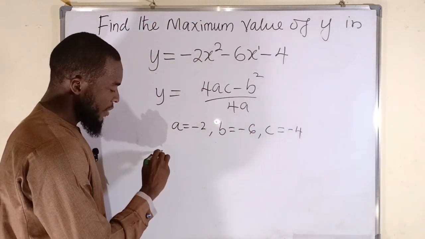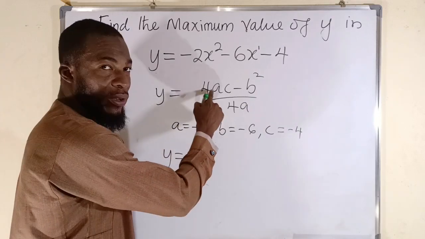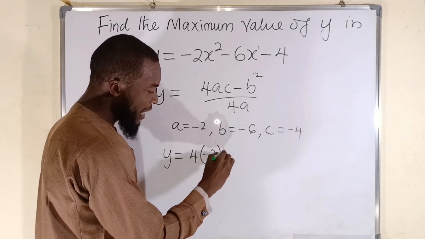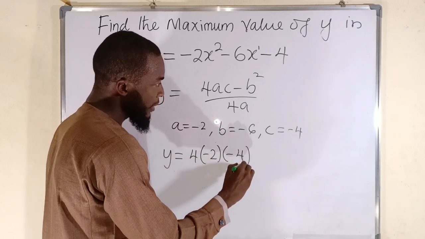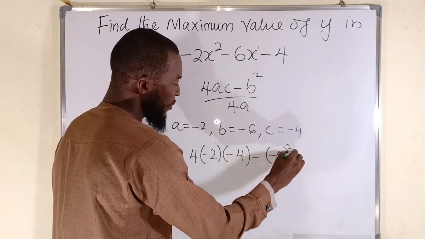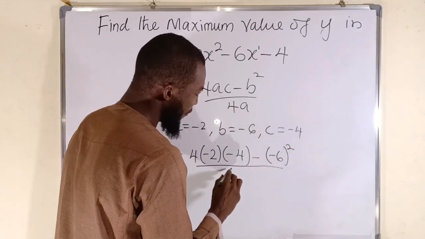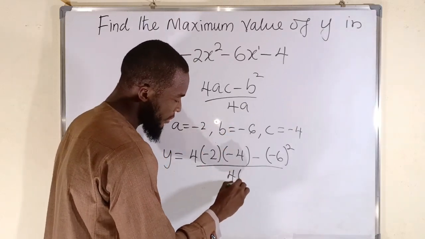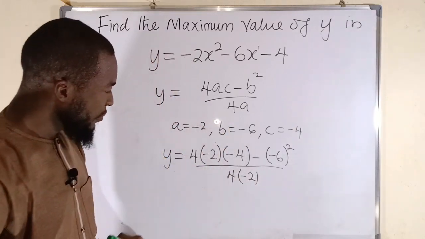Substitute them here. Therefore, y will be equal to 4 times a times c, minus b squared, that is negative 6 all squared, divided by 4 multiplied by a, and a is negative 2.